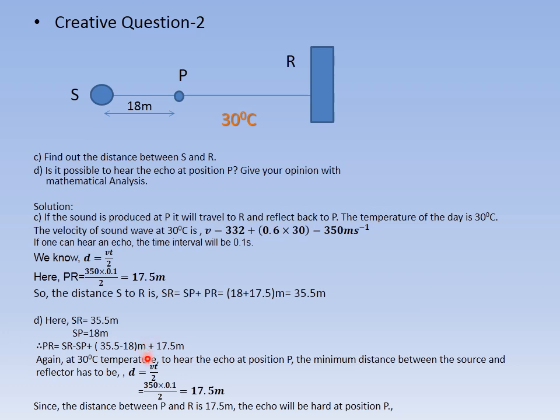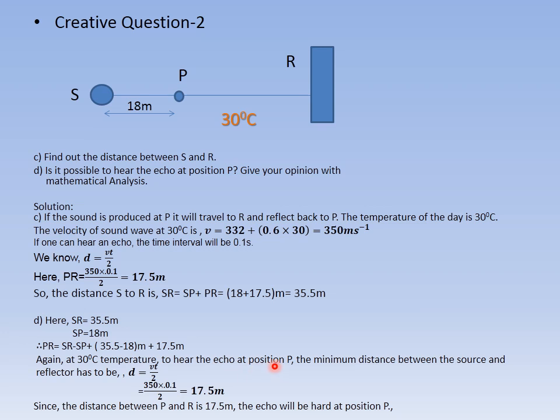By mistake, I have written plus there. You should use an equal sign, equal to 17.5 meter. That means from this equation we got that the distance between P and R, the person and the reflector, is 17.5 meter, and we have solved this calculation in our previous math also.